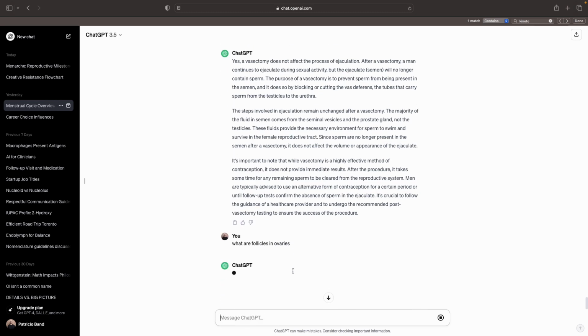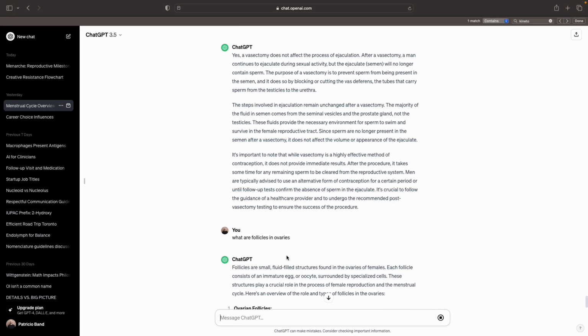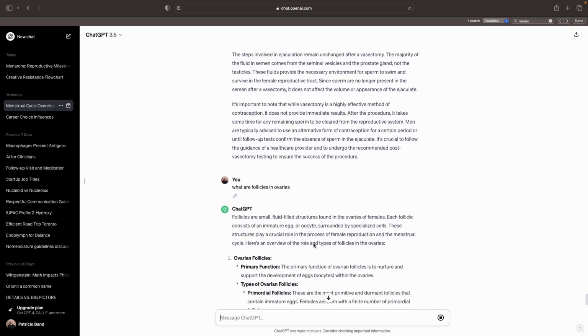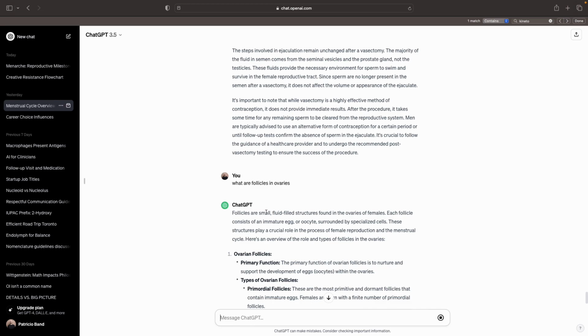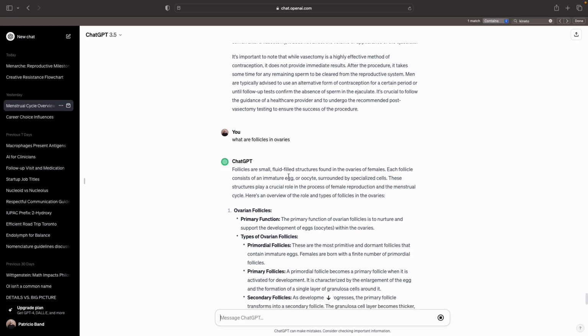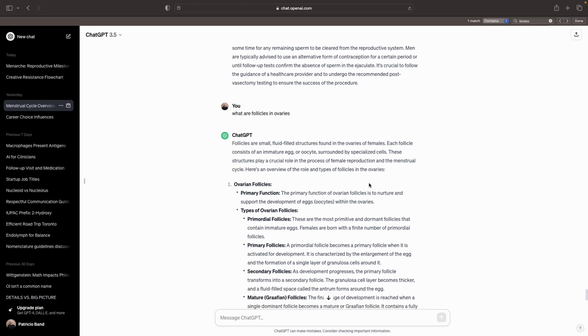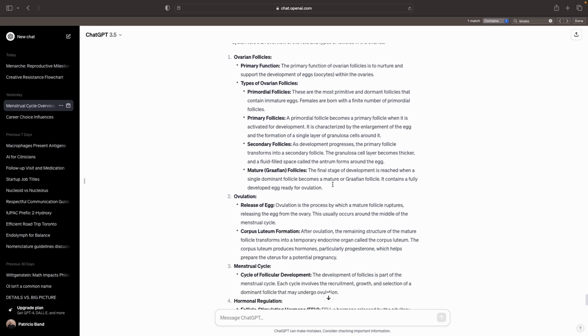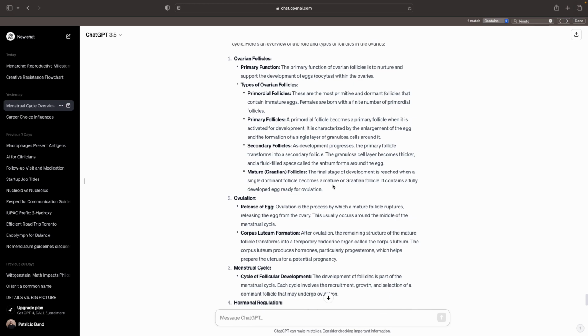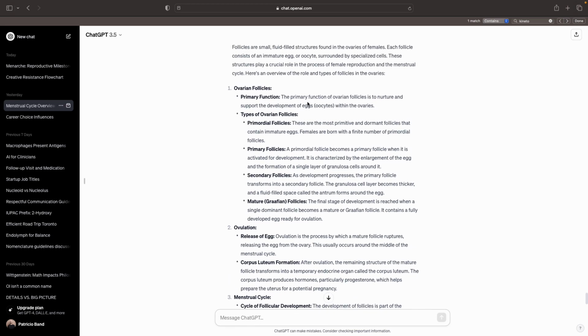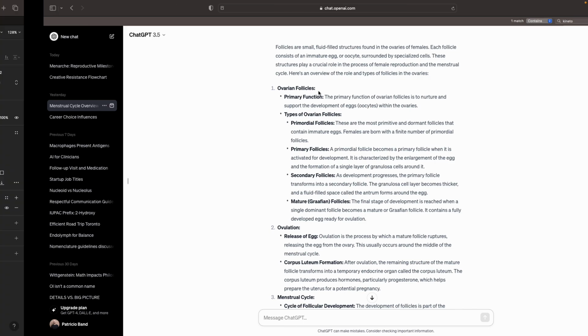They are small fluid-filled structures found in the ovaries of females. They consist of an immature egg, an oocyte, surrounded by specialized cells. Okay. Here's an overview of the role and types of follicles in the ovaries.